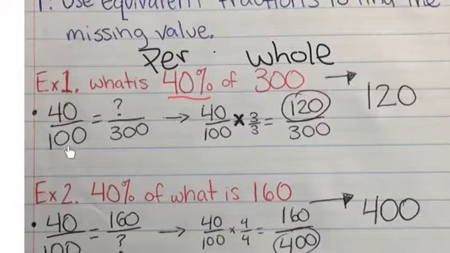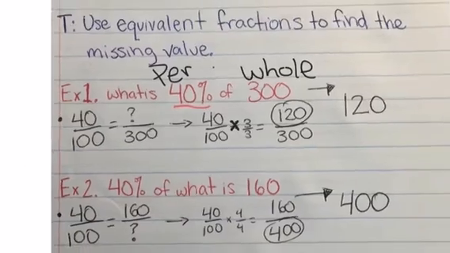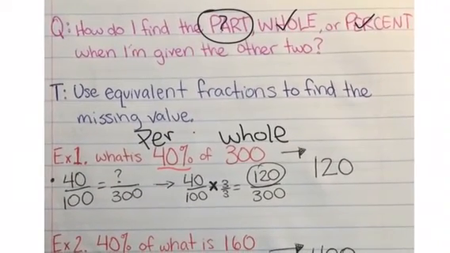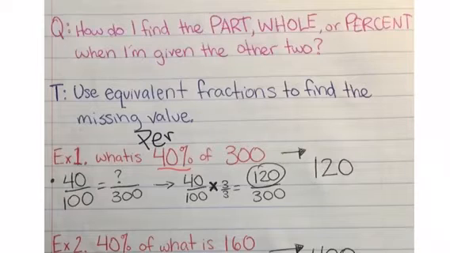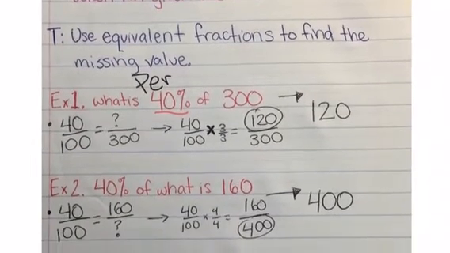Same thing down here. 40%, which is 40 over 100, equivalent fraction with 300 on the bottom, multiply it by 3 to get 300, multiply 40 by 3 so it matches, and we have 120. All right, now that is the same concept we'll be using. However, we just have to place our equivalent fractions differently.